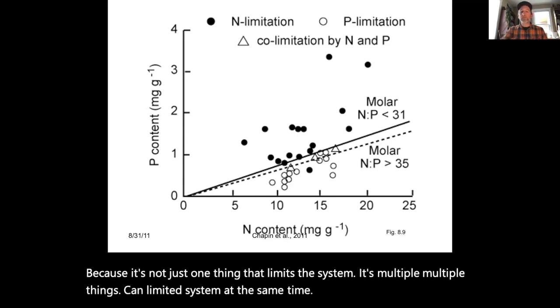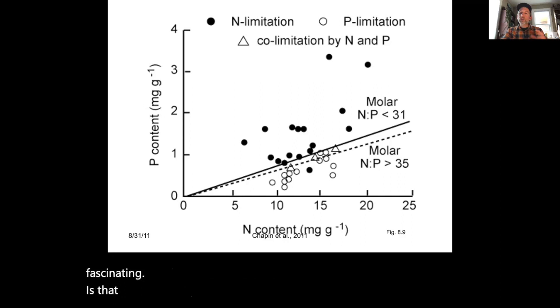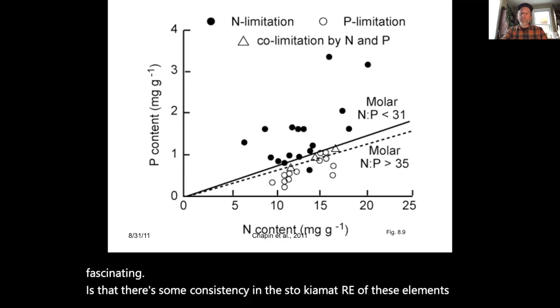These ratios tend to be pretty consistent though, and that's what's really fascinating, is that there's some consistency in the stoichiometry of these elements in components of plants.